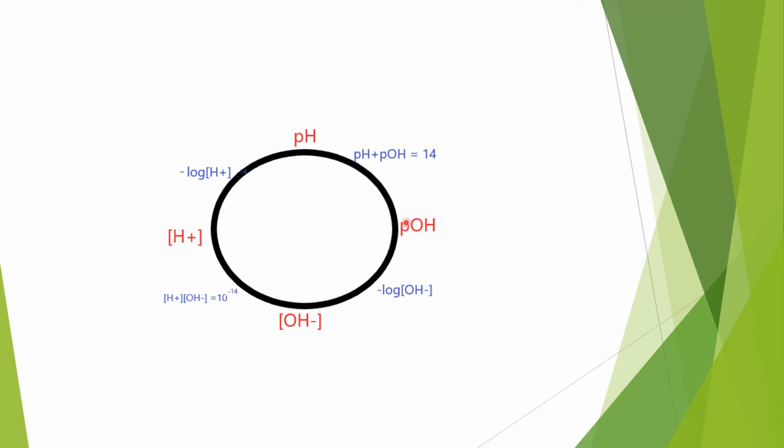Or if you have the pH, you can figure out the pOH using this relationship. So this little circle here is kind of a good way to figure things out. So if you have H plus, you can figure out pH or OH, and then from either one of these two, you can figure this out.